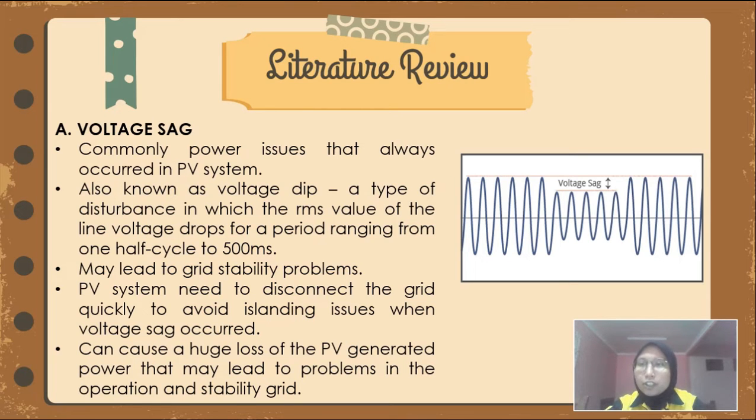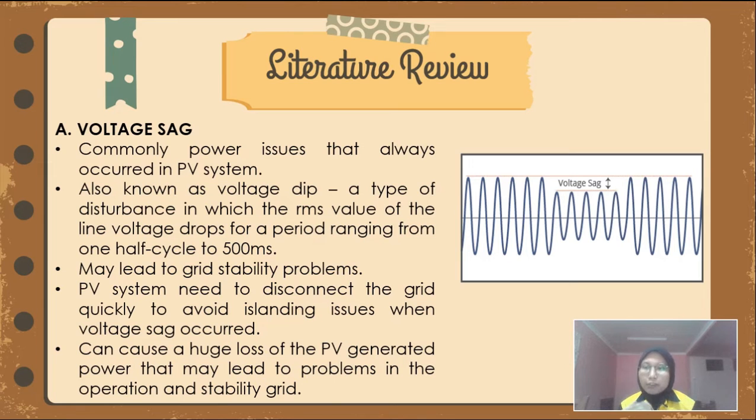So voltage sag is a common power issue that always occurs in PV systems. It is also known as voltage dip, a type of disturbance in which the RMS value of the line voltage drops for a period ranging from half a cycle to 500 milliseconds. It may also lead to grid stability problems.